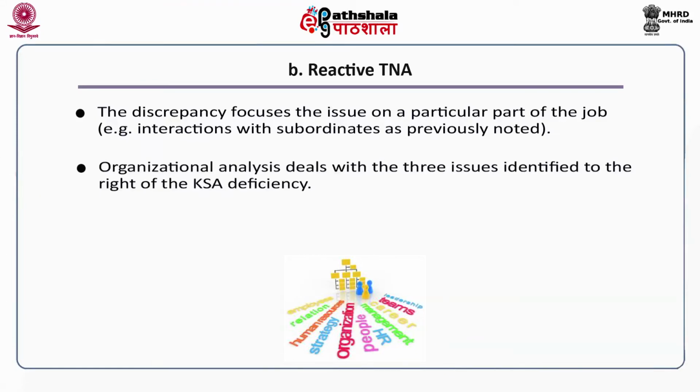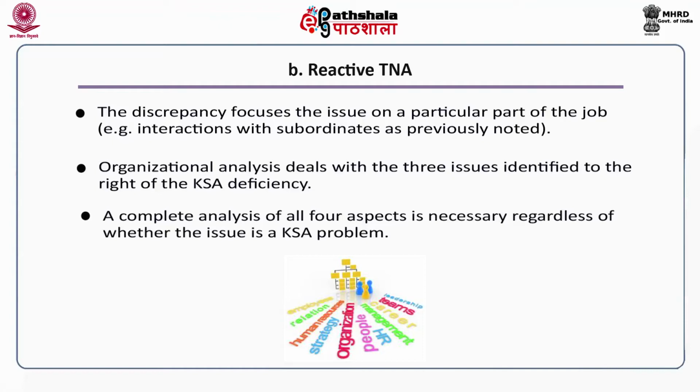Organizational analysis deals with three issues identified to the right of KSA deficiency. A complete analysis of all four aspects is necessary regardless of whether the issue is a KSA problem or not.